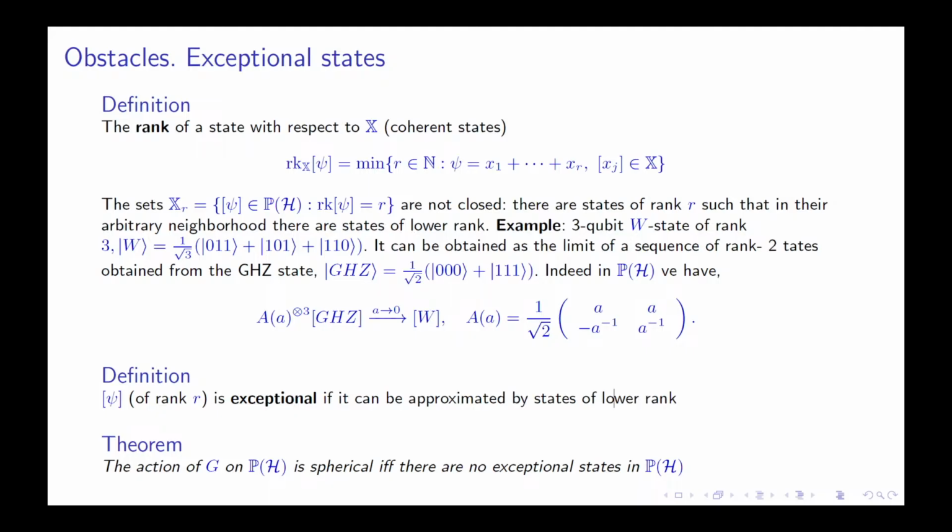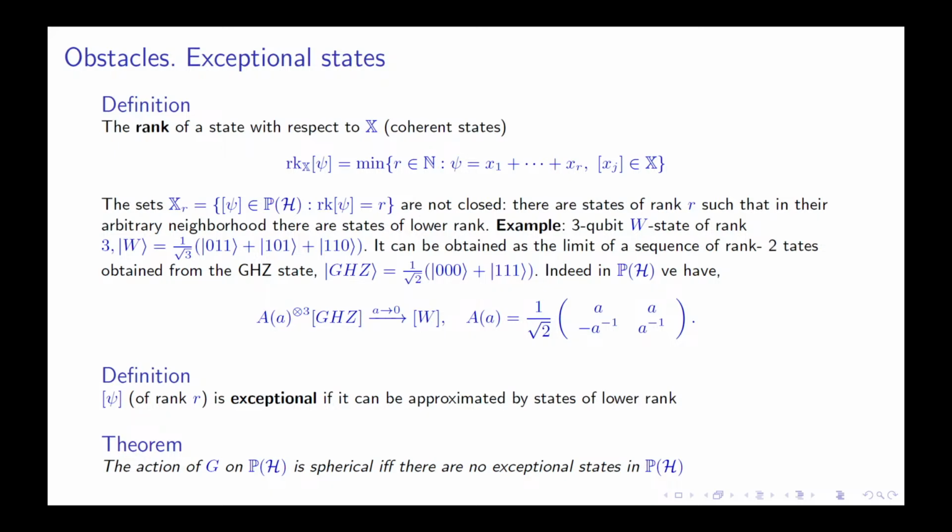So it means that there are states of rank R such that in an arbitrary neighborhood there are states of lower rank. I would say the most straightforward example is the so-called W state, which has this form, okay? This is a state of rank 3.